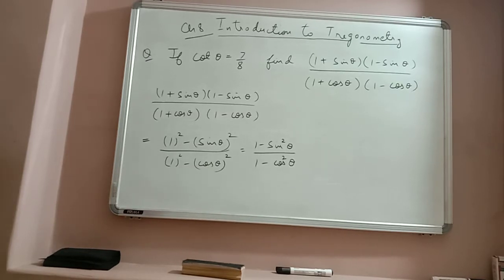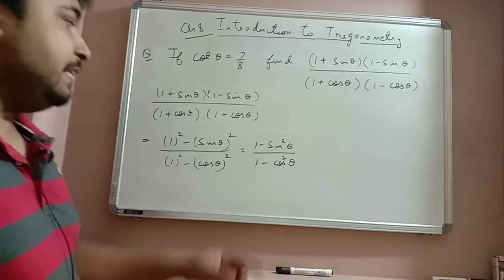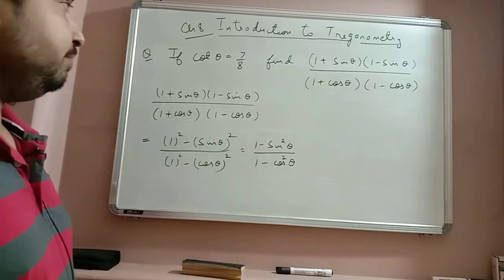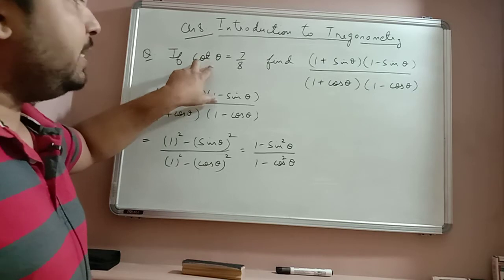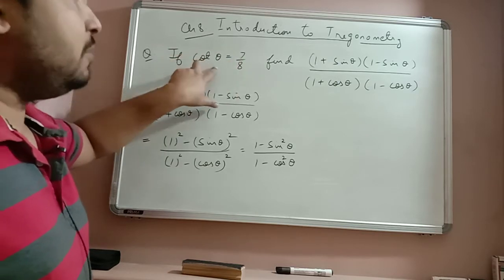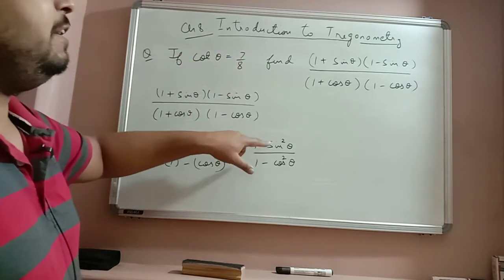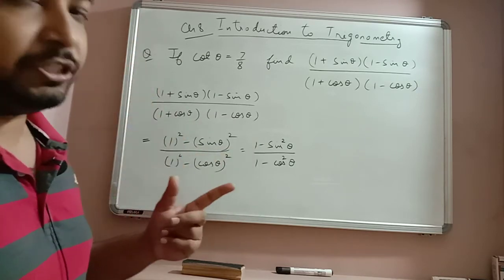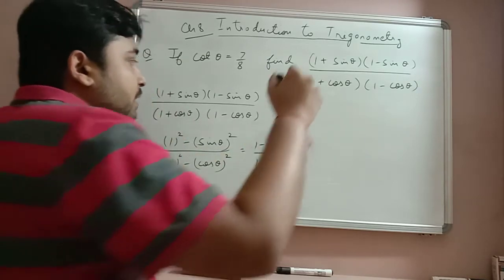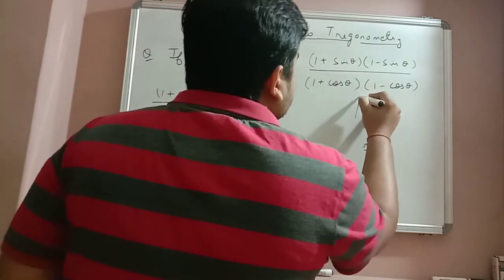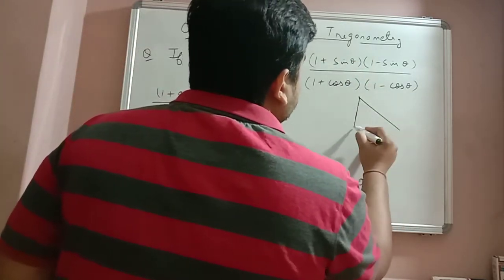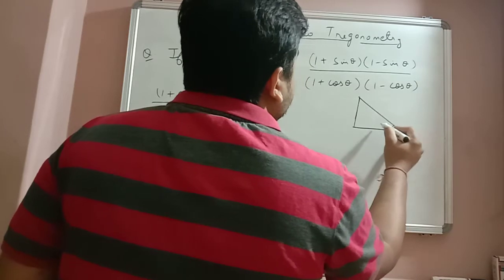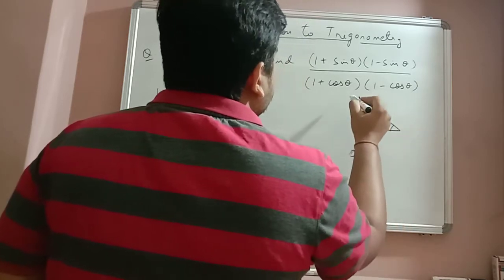Now in order to find out the value of this expression, we need the value of sine theta and cos theta. So we are given cot theta is equals to 7 by 8. Using this, let us find out the values of sine theta and cos theta as we did it in the previous question. So we'll draw a right angle triangle, in which I'll consider this angle as theta.